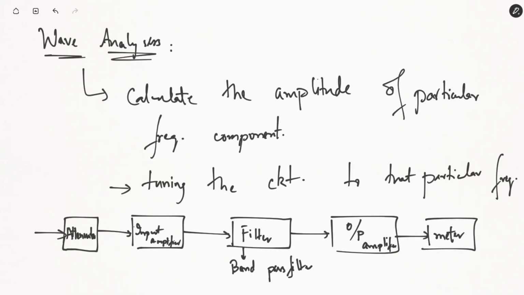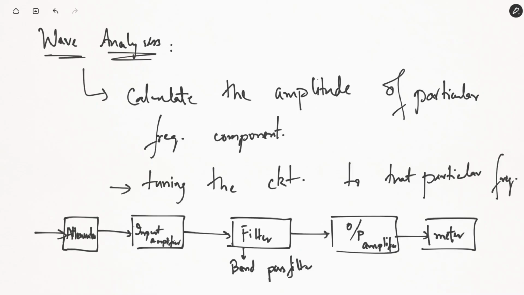As I said to you, once we receive that particular frequency component, its magnitude will be even lower as compared to the original signal. So we need to amplify that magnitude before we can feed it to any metering device that is able to correctly give us an estimate of the magnitude of that particular frequency component.